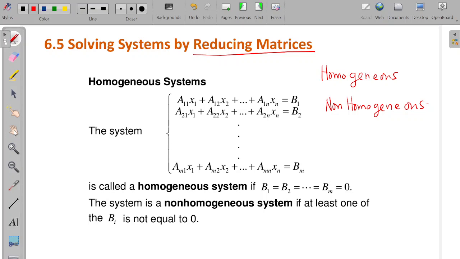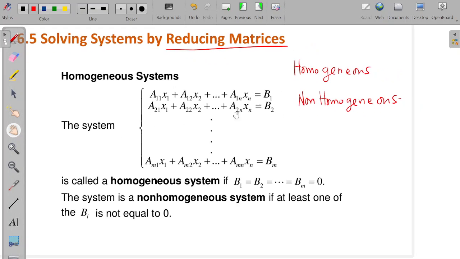If we have a given system of equations like this, you might observe, as in the previous videos, which please watch if you have not, that we have an equation with a value at the right hand side.